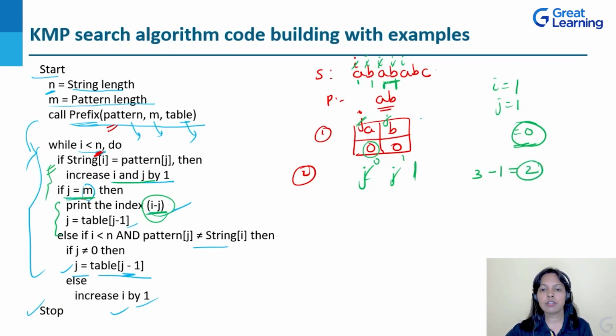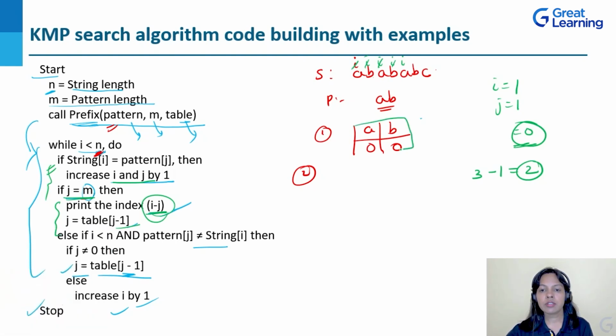This was the starting index for the next place where the pattern was found. And now j will be pointing at table j minus 1. j minus 1 is this location, the 0th location. So j will be pointing at the beginning, the first character. I'll erase the other things here to make it a little clearer. Right now j is pointing at the very first location.